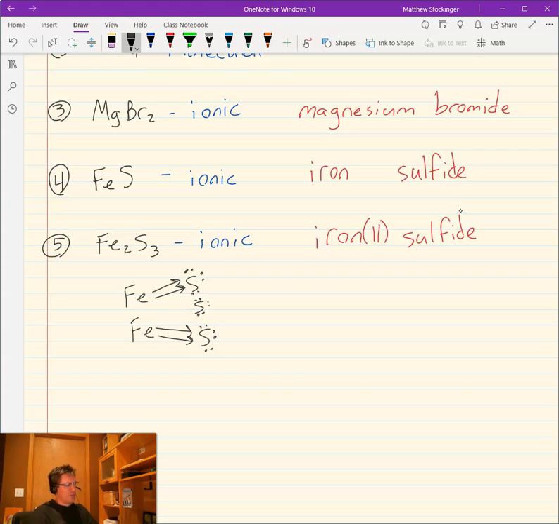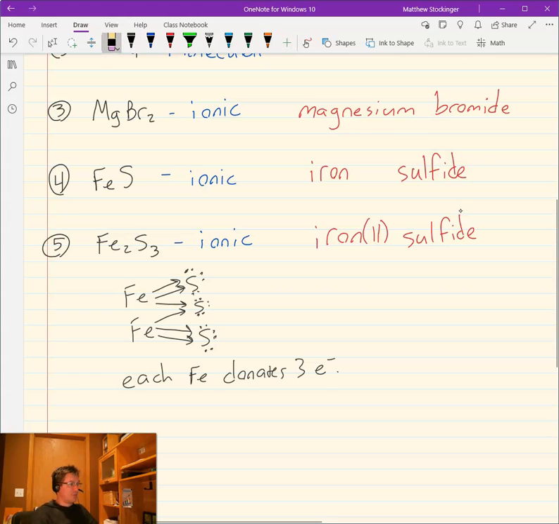And that leaves this middle one, which means that each iron must donate 1 to that sulfur. Now look at each iron atom. Each iron atom, each Fe, donates 3 electrons, okay, when I finish that picture.